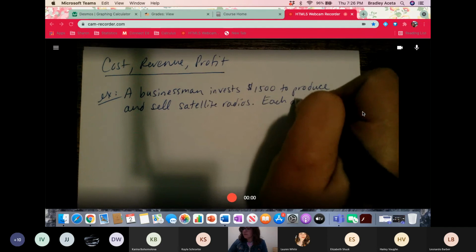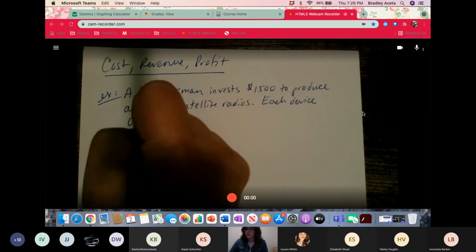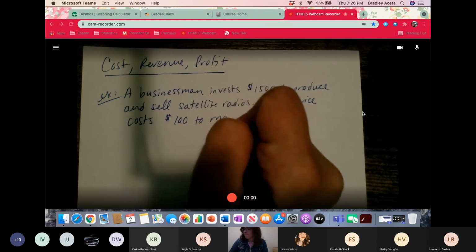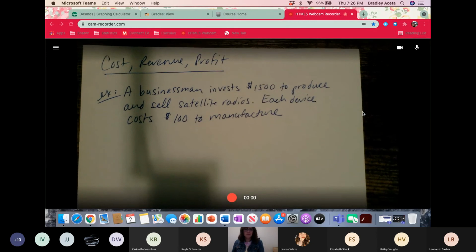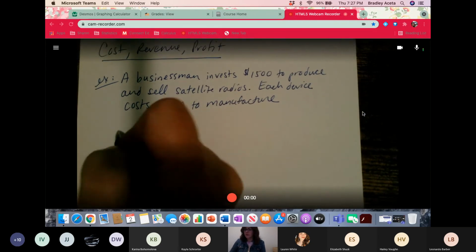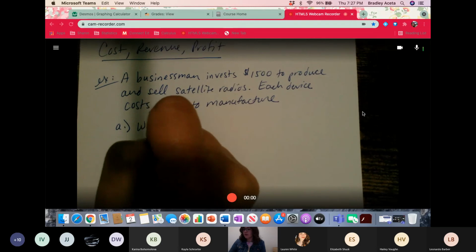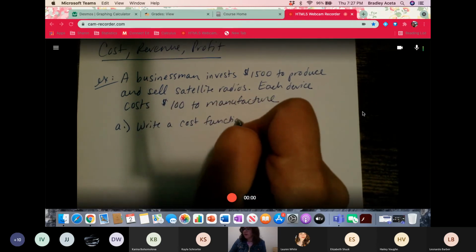Each device costs $100 to manufacture. Okay, so there's going to be a couple parts here. You need to write a cost function, which we've done before in the past, but we'll go over it again.